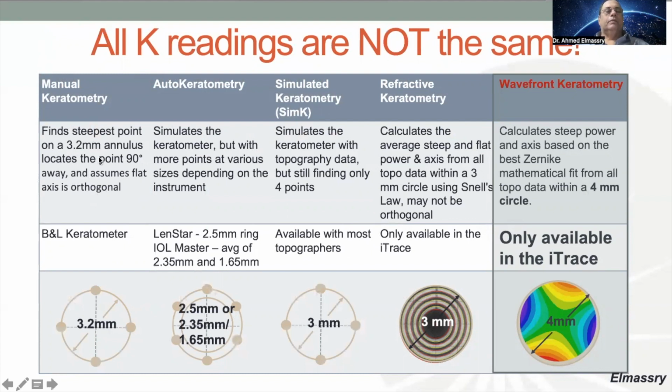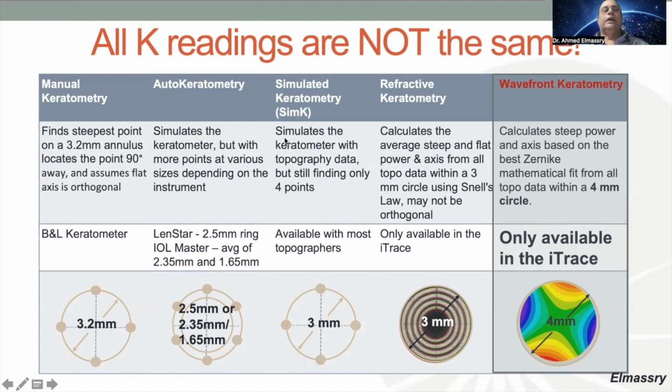This is the regular manual K reading machine. And the autokeratometer, which is present in the autorefractometer, simulates the keratometer but with more points at various sizes depending on the instrument, whether in the Lenstar at 2.5 millimeter or the IOLMaster at 2.35 millimeter.